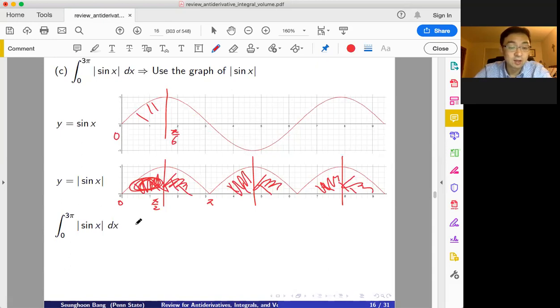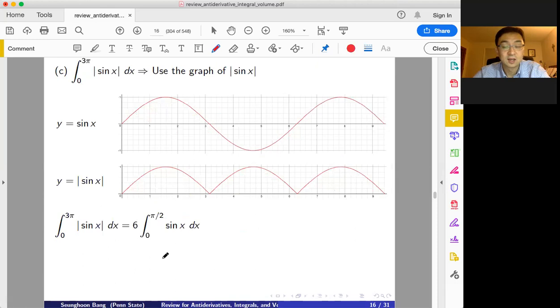So how can you do that? You can find only the integral from 0 to pi over 2, without the absolute value of sine x. How many? 1, 2, 3, 4, 5, 6 times 6. This is the whole idea.